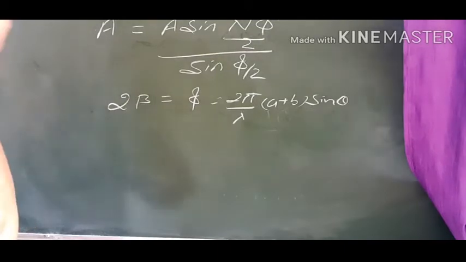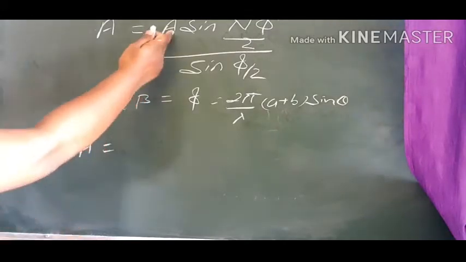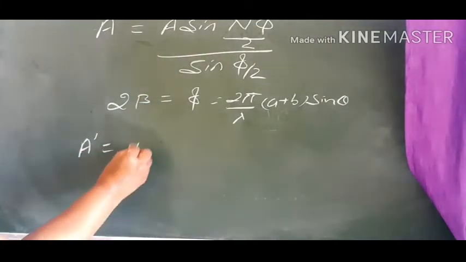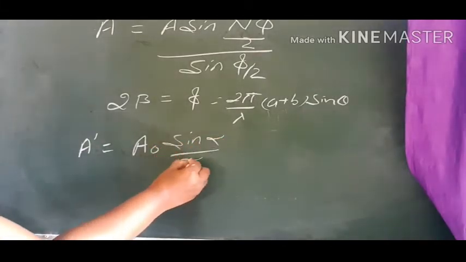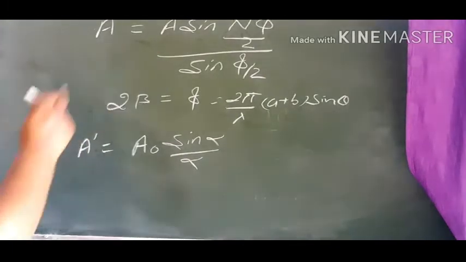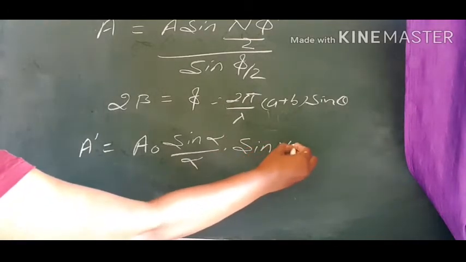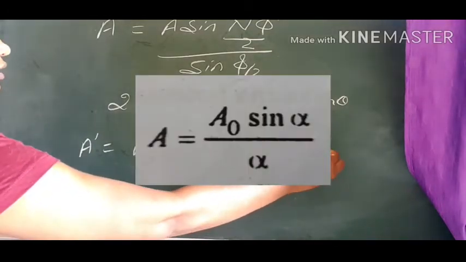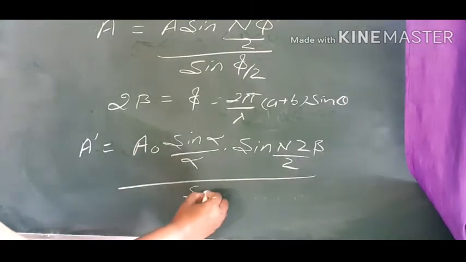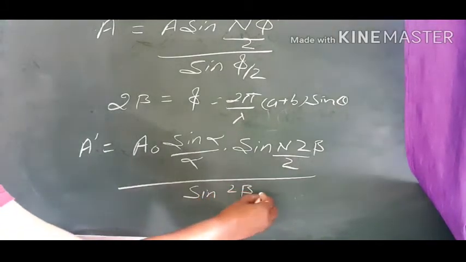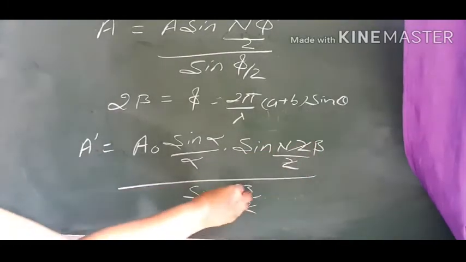Now putting the value of phi, and also the value of A, which is A naught sin alpha by alpha, sin n phi by 2 becomes sin n beta, divided by sin beta, and the 2 cancels out.